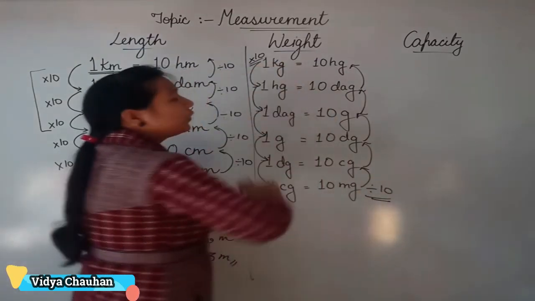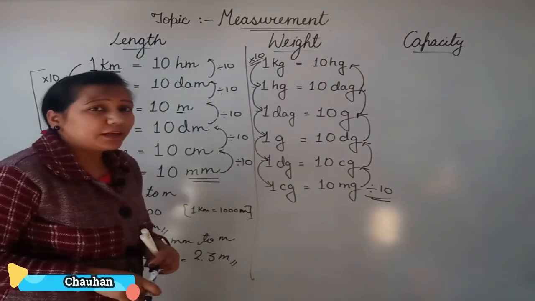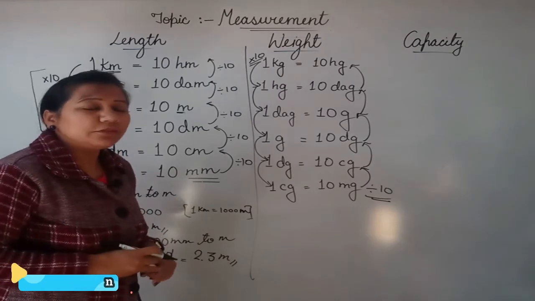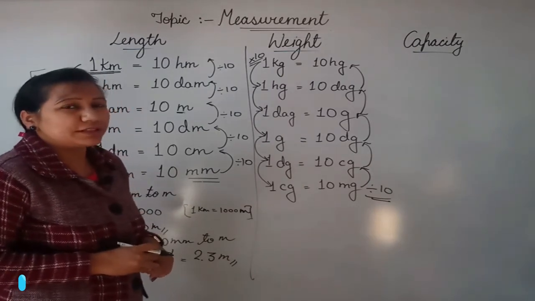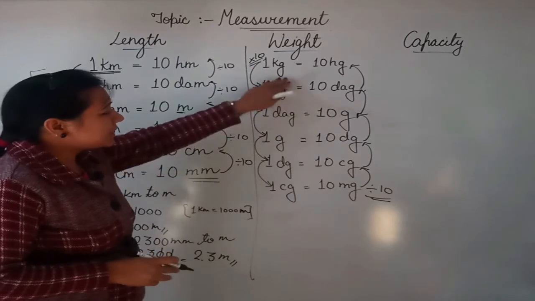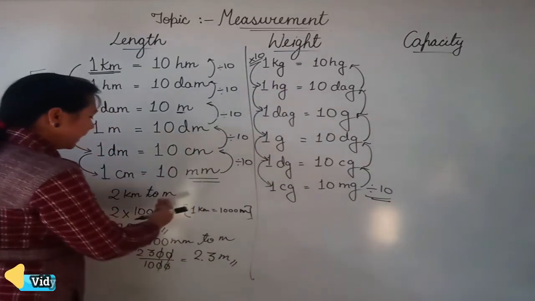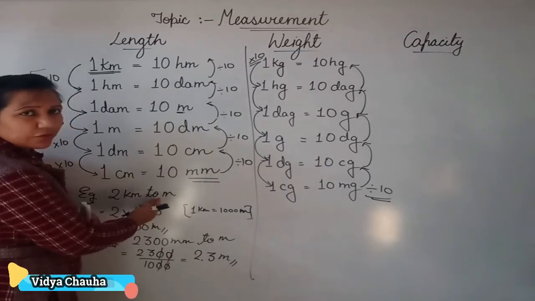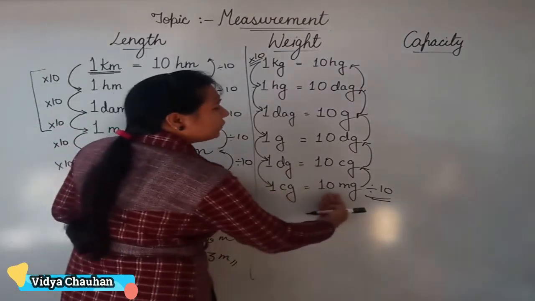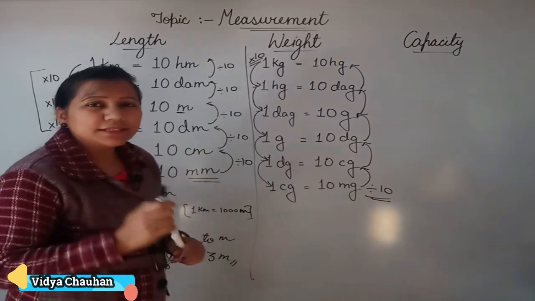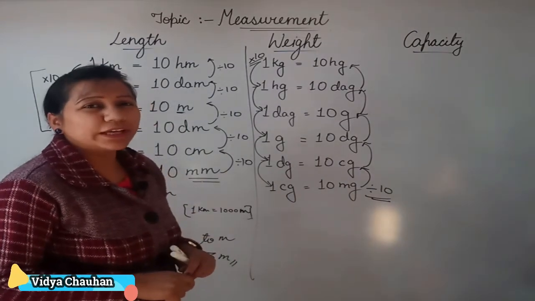Please remember this rule very carefully because it will help you do the conversions. Clear, students? So this is all about conversion in terms of weight also. Just as I have taken some examples in case of length, similarly you can do the conversion in case of weight. We will discuss some questions later on from your book exercise.